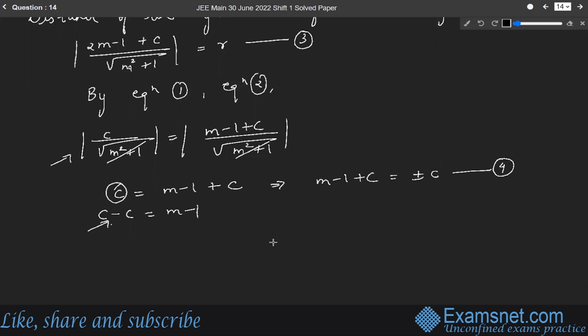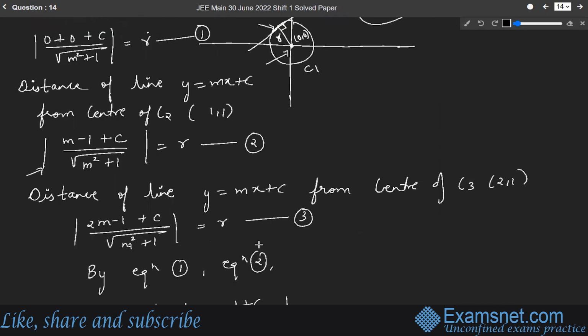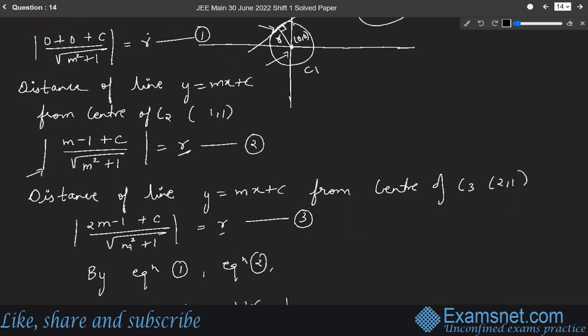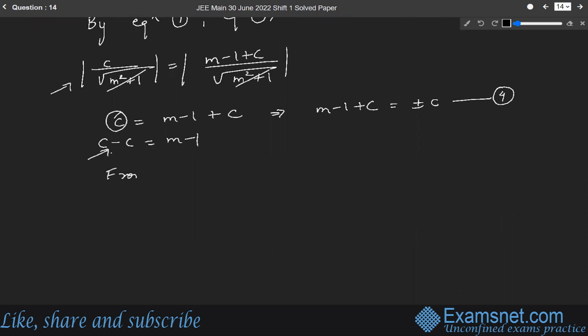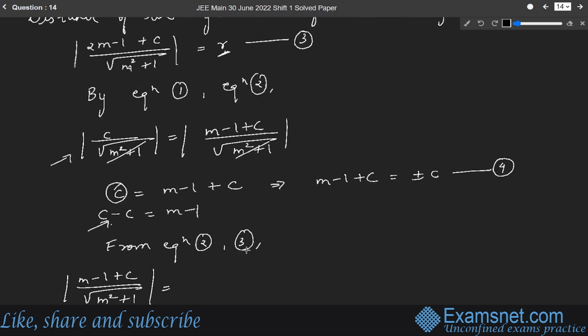Similarly, let us now equate the second and third equation. In the second and third equation, the right hand side is the same, so the left hand side will also be equal. What is the left hand side of the second equation? We have written here already: m minus 1 plus c divided by under root of m square plus 1. Now what is the left hand side of the third equation? It is 2m minus 1 plus c divided by under root of m square plus 1.